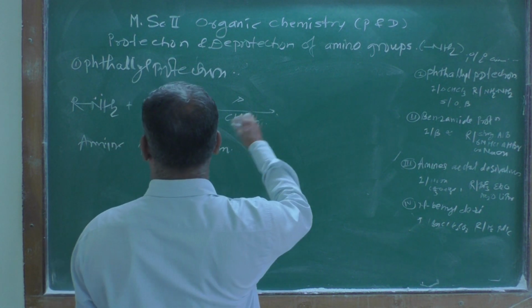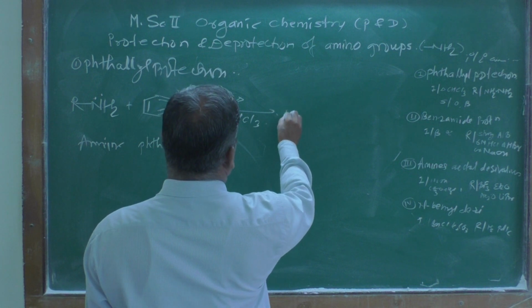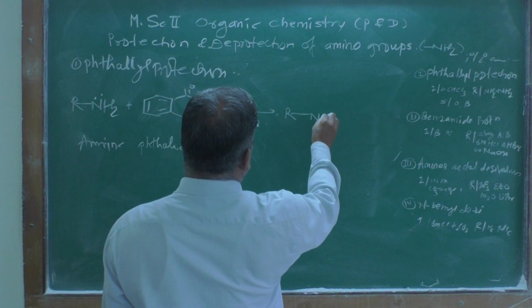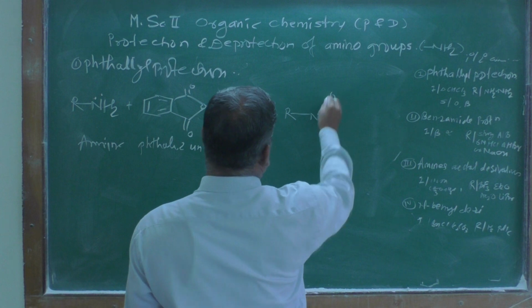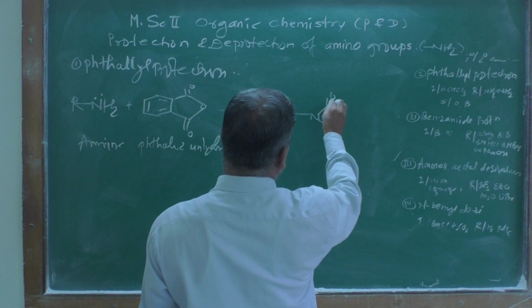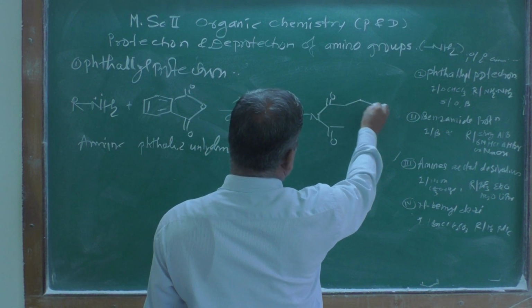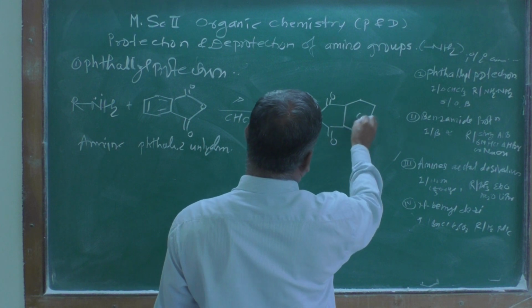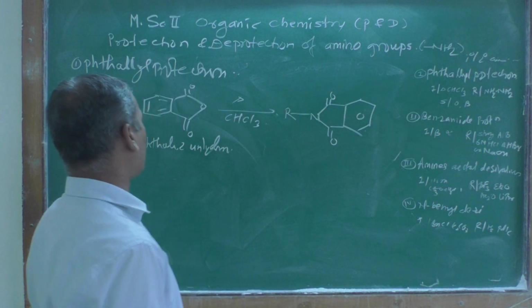You are going to get here the product R N, then double bond O, then this one. This is a protected amine.